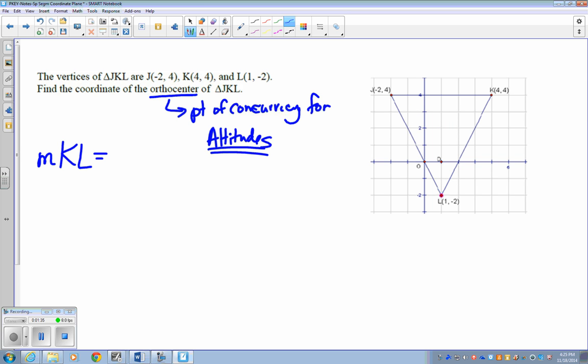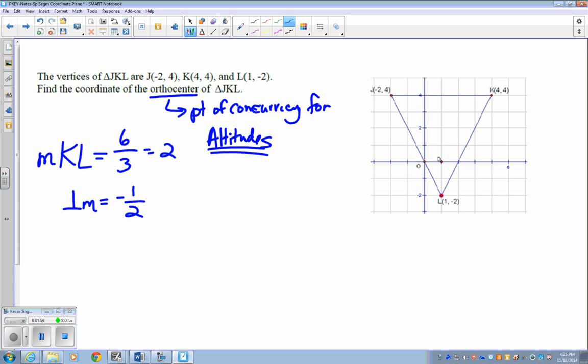I can find the slope of KL by doing rise over run, and it looks like we go up 6 to the right 3. So the slope of KL would be 6 over 3, which is 2. I'm not going to use that slope. I'm going to use its perpendicular slope, which is -1/2.